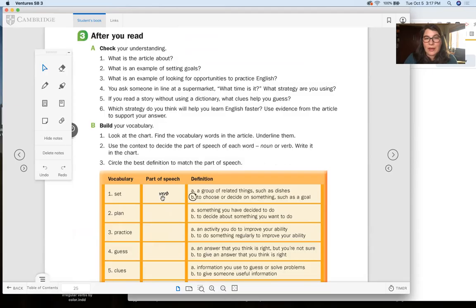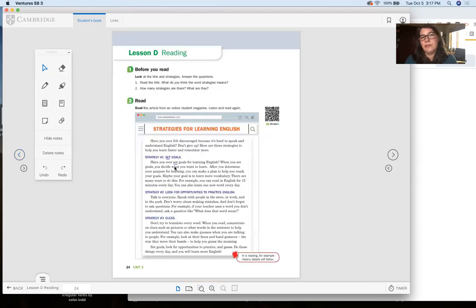So this is correct for the reading, but also a set can be a group of related things such as dishes. I have a set of blue dishes in my kitchen. I have a set of coffee cups, okay? So set can be a noun, but in the story that we're reading today, right here, it's a verb.